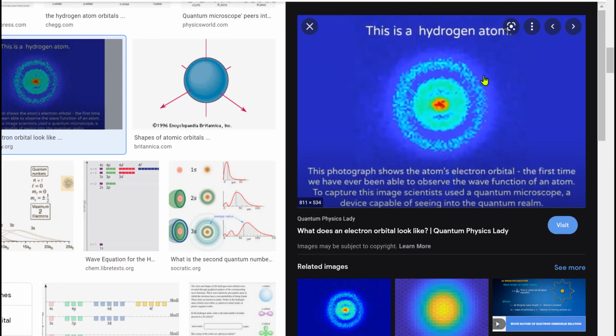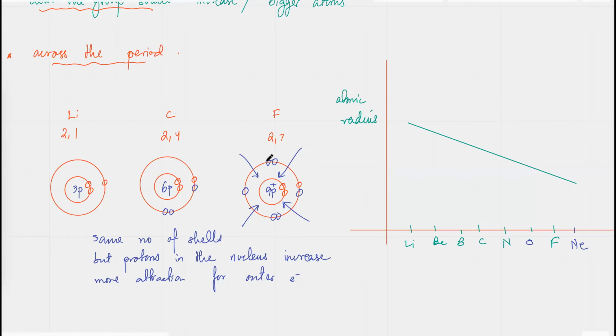So how do you measure the radius of an atom? The radius of an atom is measured by measuring the bonds it's making, because the boundary of an atom is ill-defined, but the nucleus is very well defined. You can pinpoint where the nucleus is. The outer boundary of the electron or the atom is not very well defined. Over here, I've drawn this circle to show the shell, but that's not exactly where the electron is going to be.